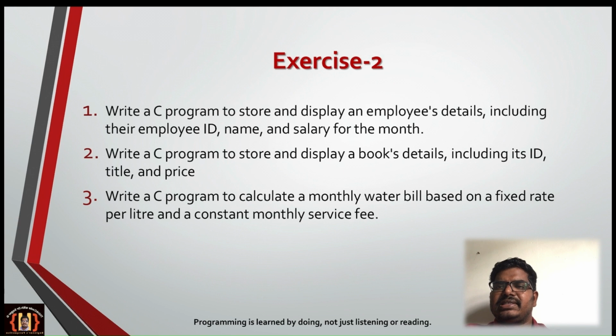What could be a constant value? What is the fixed rate per liter? And what will be the price for the total month? You have to mention some variables as constants, some variables as integer, some variables as float. You have to think and calculate the bill.